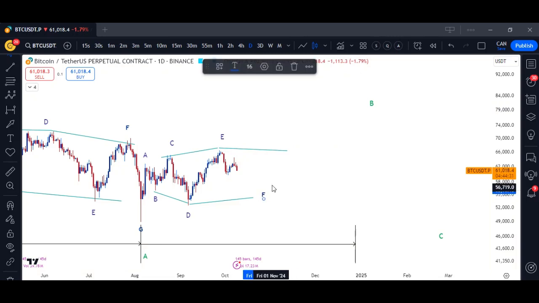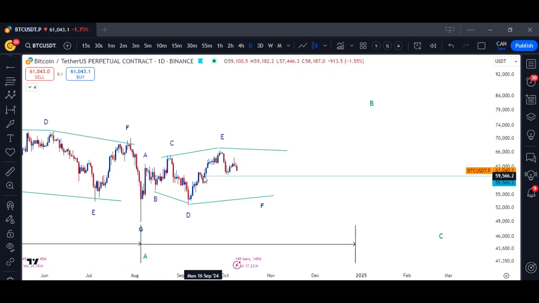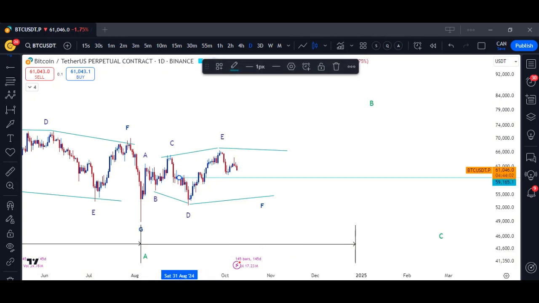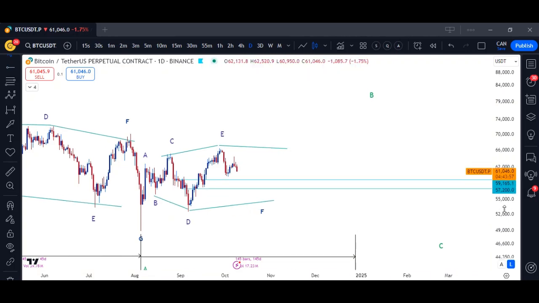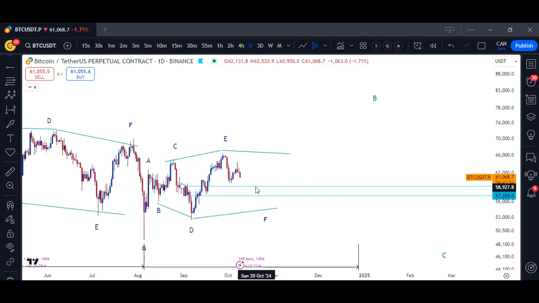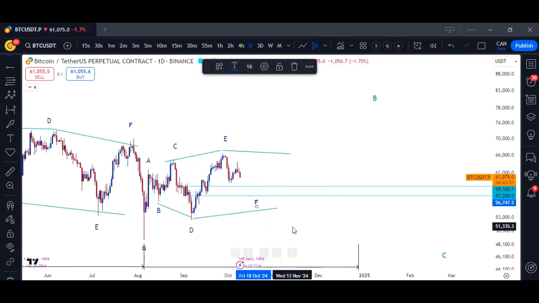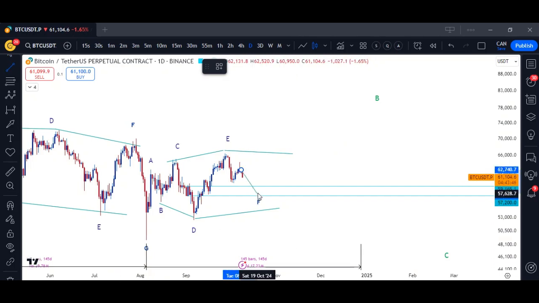Now, once we are done with wave F, once price correction is finished, which could be around here to here, based on lower time frame analysis, which could finish around here, we could have another move up in price.